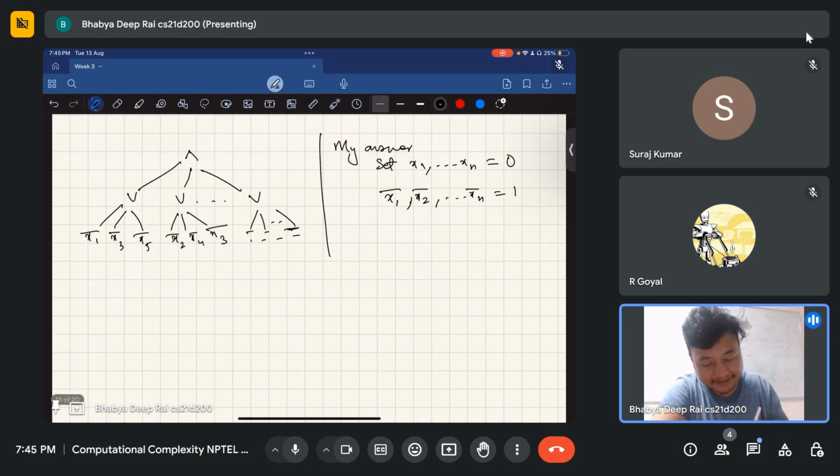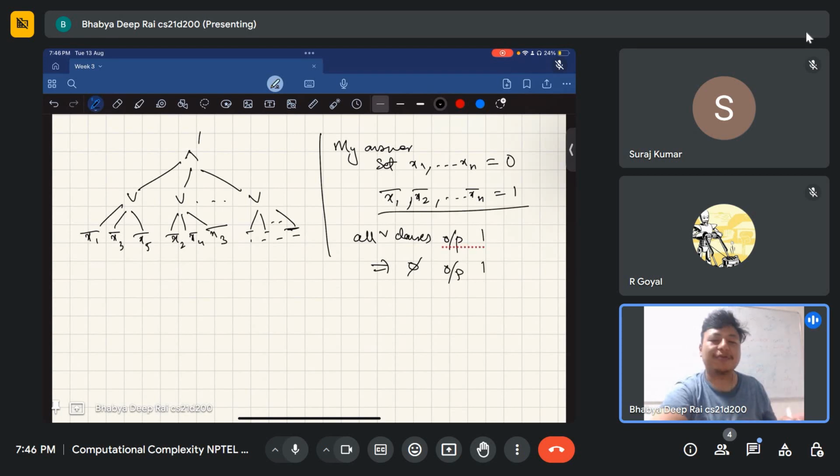So since the inputs are all negative, all clauses evaluate to 1. Since all clauses output 1, the entire circuit will output 1. So here is an assignment which actually satisfies the formula.